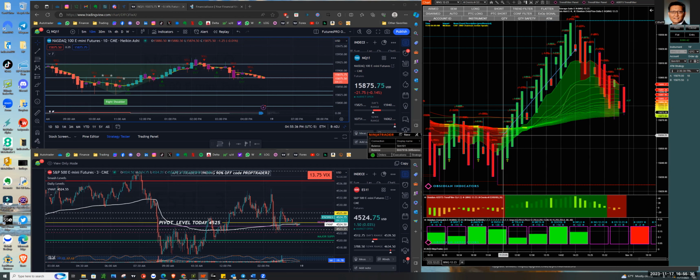So you would have ridden this from 11:20 all the way till 2 o'clock, 2:20. That's a 3-hour run that you could have just let it go and let it run. And in no place did you really have a sell signal until you actually came here.